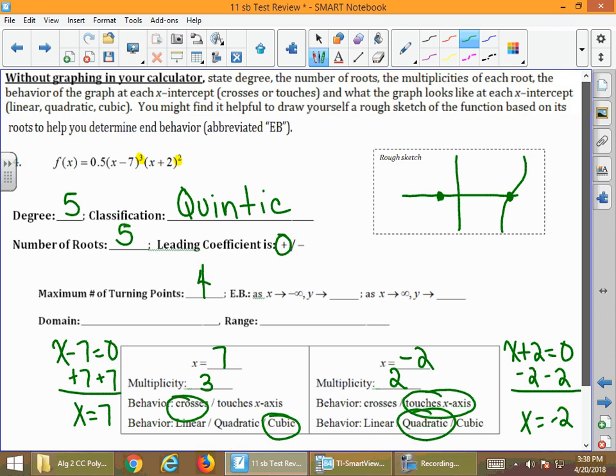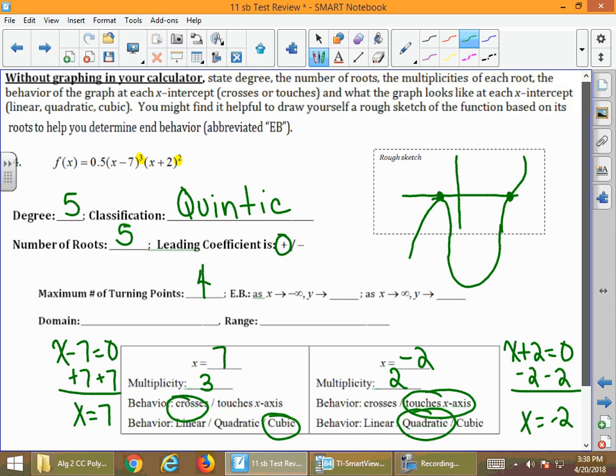Over here, our multiplicity for x equals negative 2 is an even number. We're going to be touching that, so it's going to look something like this. And somewhere way down here, our graph would probably connect.